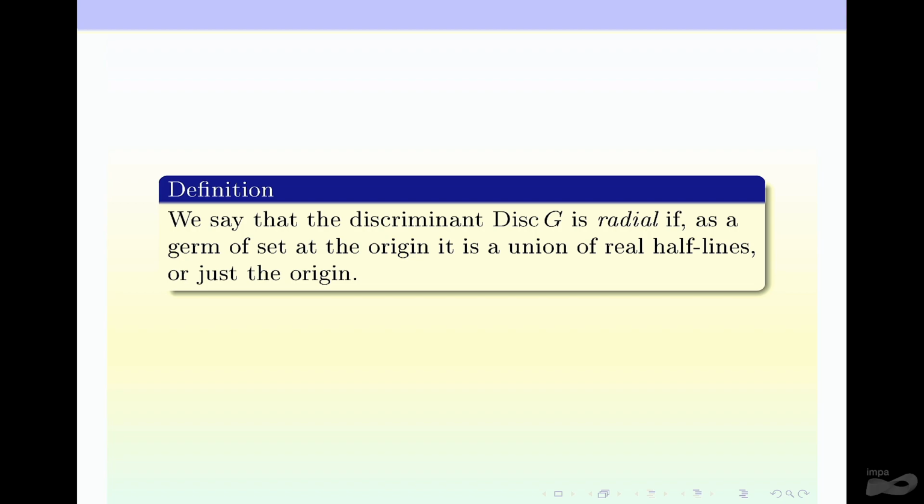We say that the discriminant disk G is radial if it has a germ offset at the origin. It is a union of real half lines or just the origin. This is a well known definition in some sense.